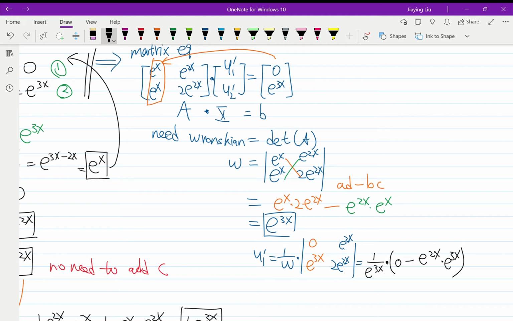If we simplify this at the end, the 0 we don't have to write, so that gives us a negative because this is minus. And then e to the 3x in the denominator and e to the 3x in the numerator cancel to give me 1, and I have e to the 2x remaining. So I just end up with negative e to the 2x. So that's u1 prime.